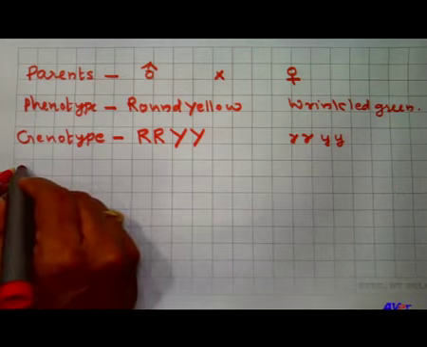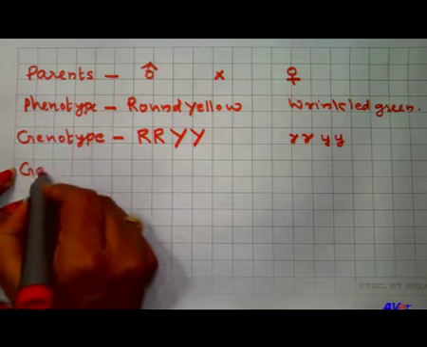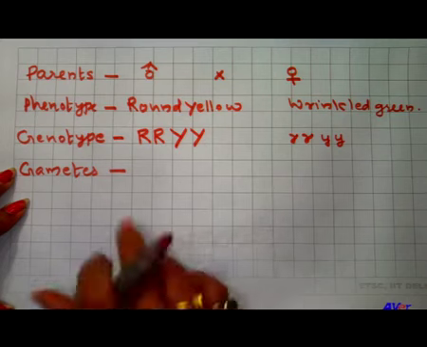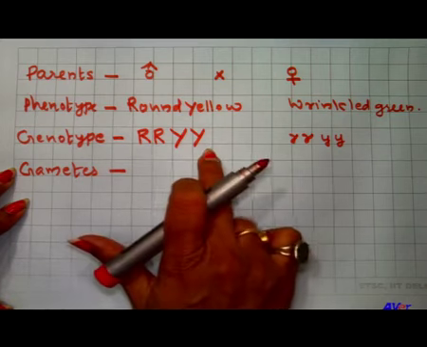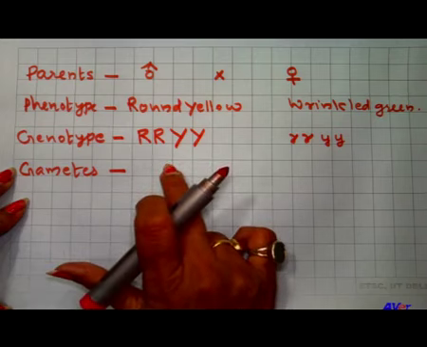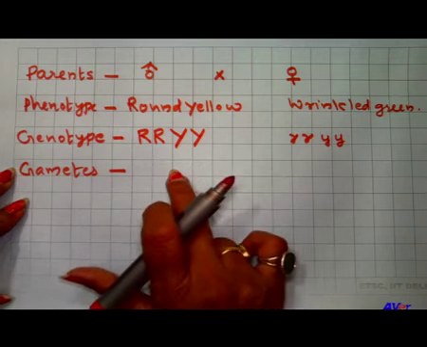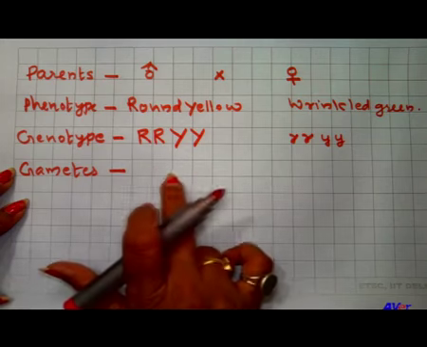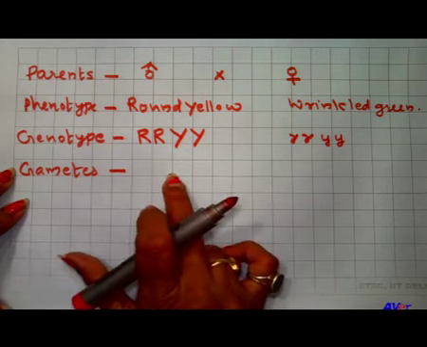Now comes the production of gametes. The allelic pairs present in this individual during gamete formation segregate and move to different gametes.